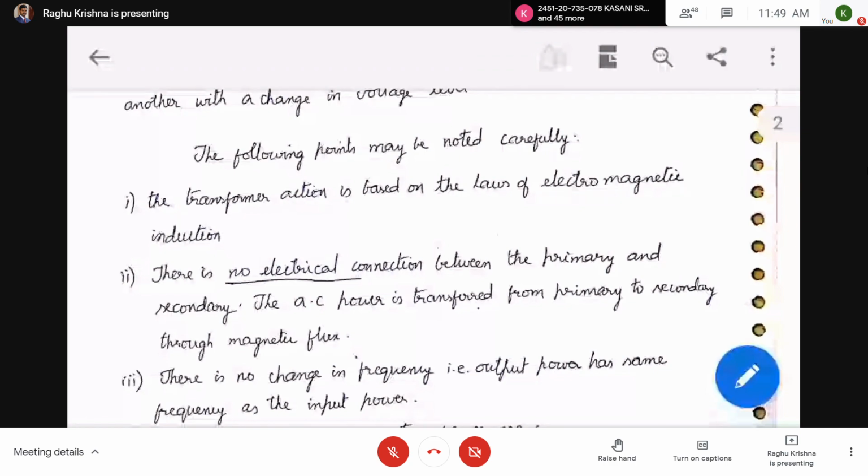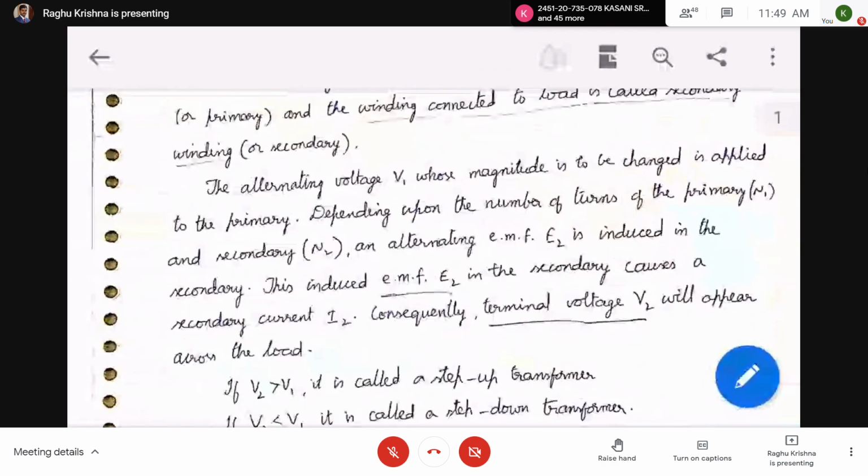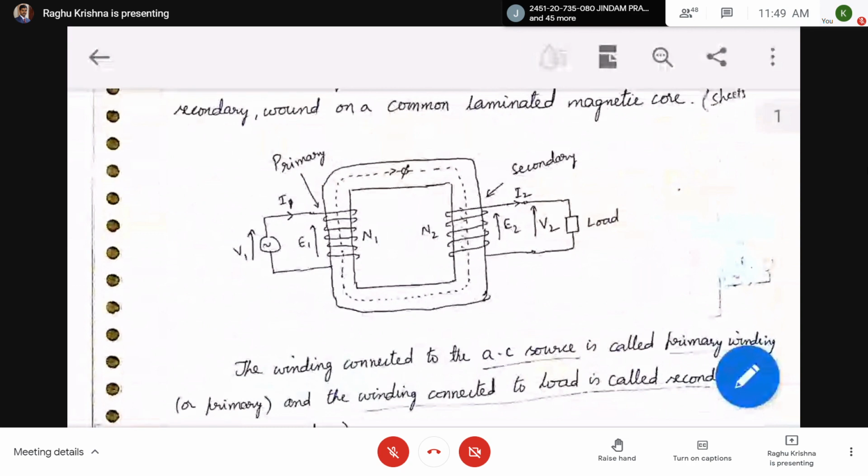If you see the schematic diagram of the transformer, there is no electrical connection between the windings. The two windings are connected by a magnetic circuit.